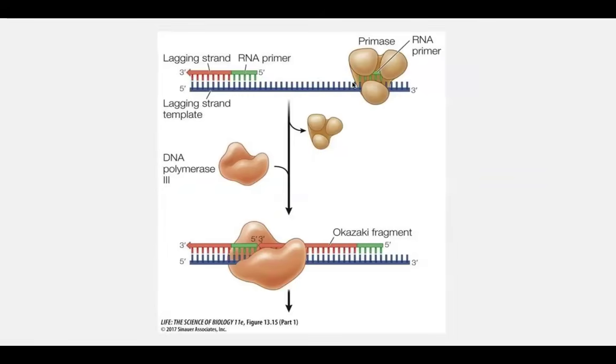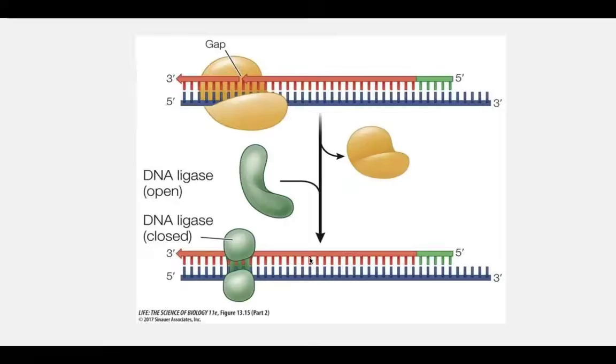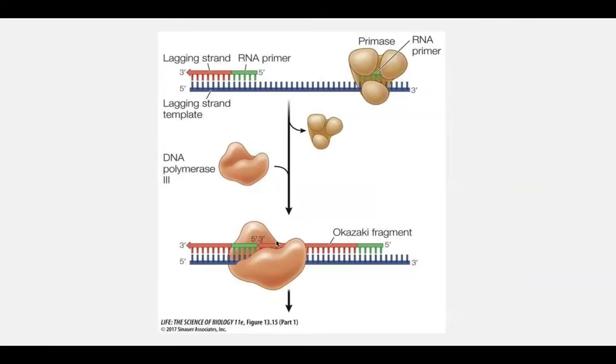So a primer is formed here. Now there's a gap in the middle. In the lagging strand, DNA polymerase comes in and creates those Okazaki fragments. So DNA polymerase 1 replaces the primer with DNA eventually, because obviously you don't want RNA within your DNA strand.